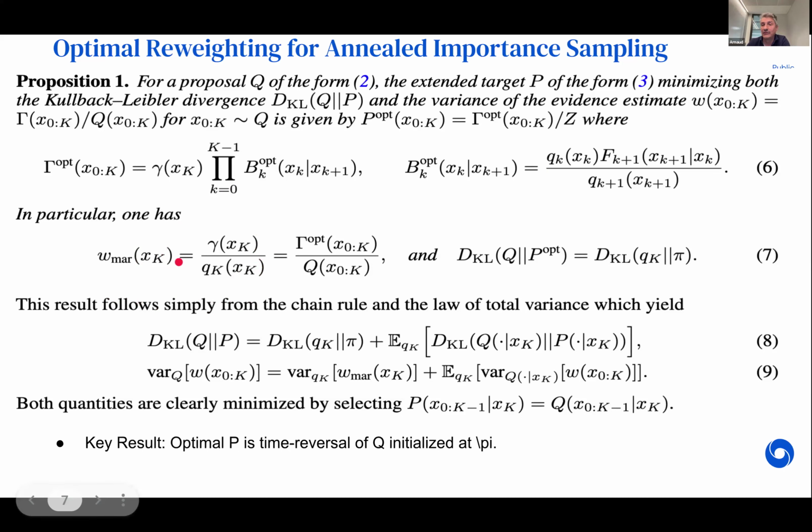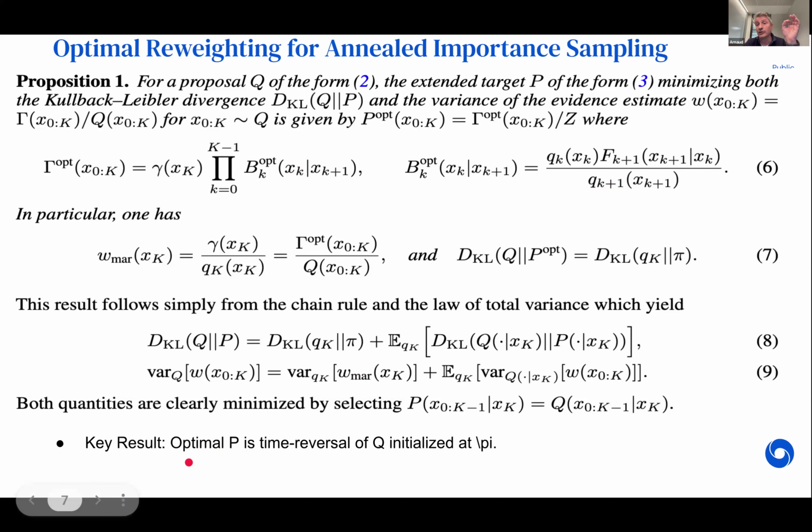Okay, so it seems we haven't made much progress, but at least we identified that if we wanted a low variance estimate of the normalizing constant, we should try to pick backward Markov transitions that are approximating the time reversal of the forward process. Okay, so that's actually quite interesting.